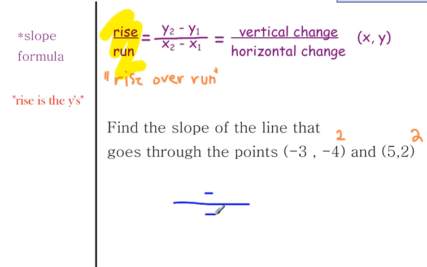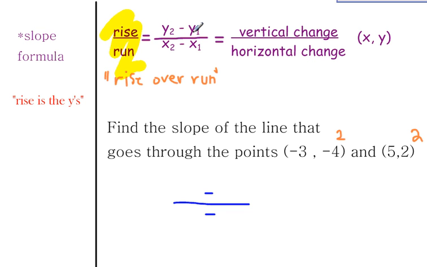So now all I need to do is figure out, okay, the y's are going on the top. And I've written a little rhyme over here that will hopefully help you remember that the rise are the y's. Okay, the rise is the y's. It's going to be really tempting as a student to want to put the x's on top, because in our alphabet, x comes before y.